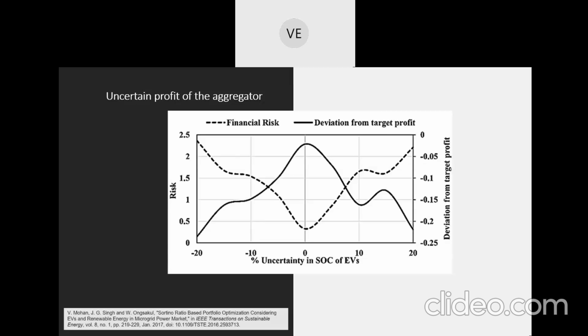So either he has to look for load curtailment or he has to look for some energy storage activity. That is negative reserve. So for the negative uncertainty of state of charge, positive reserve is opened, here negative reserve is opened. In both cases, the operator incurs some cost. So based on that, his profit is affected. That is what is happening.